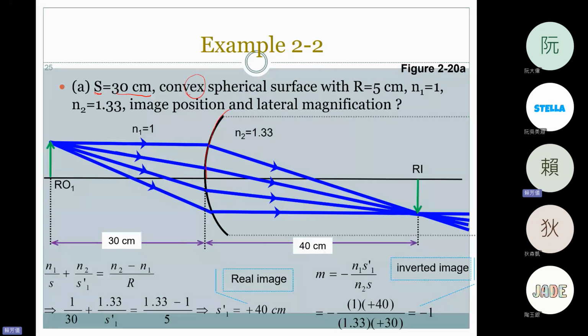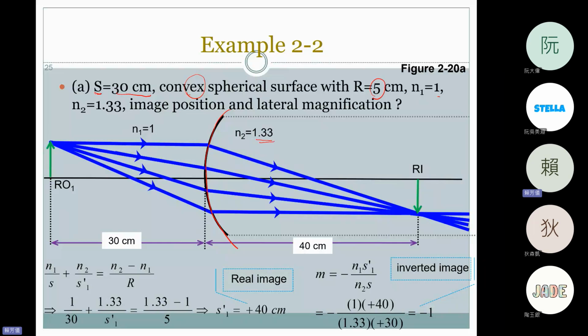The structure of the surface is like this, and the radius of curvature is 5, N1 is 1, and N2 is 1.33. We want to find the image position and the lateral magnification.